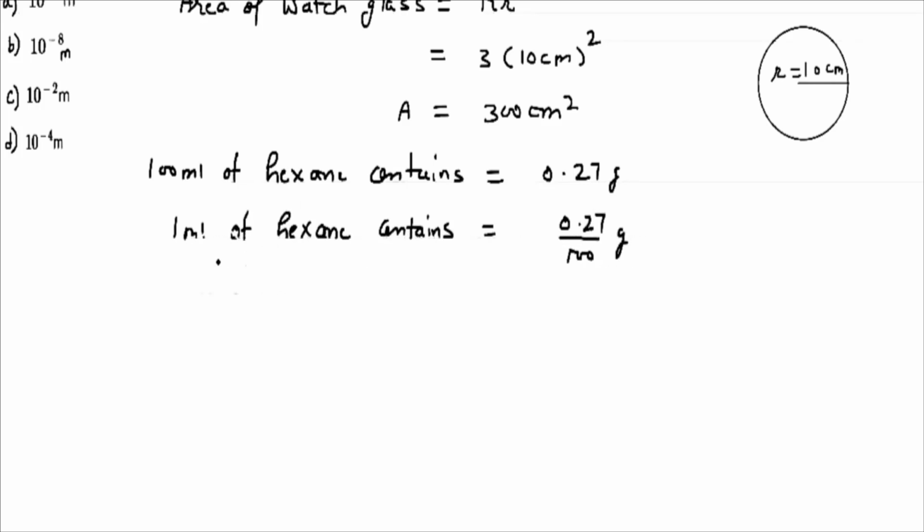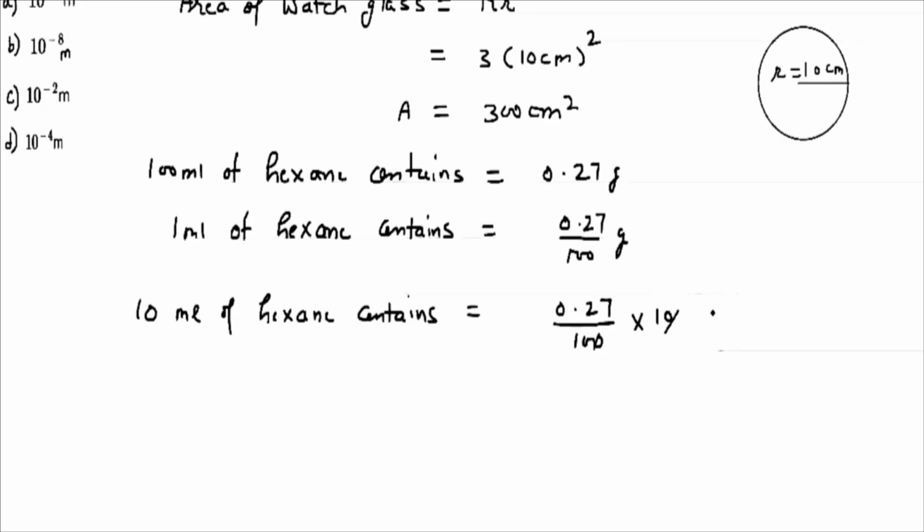But we have to find it in 10 ml, so 10 ml of hexane contains 0.27 divided by 100 multiplied by 10. If you just solve it, it comes out to be 0.027 gram. So this is the amount of long chain fatty acid present in 10 ml of the hexane.